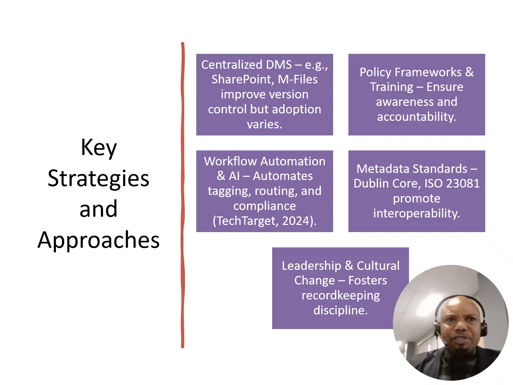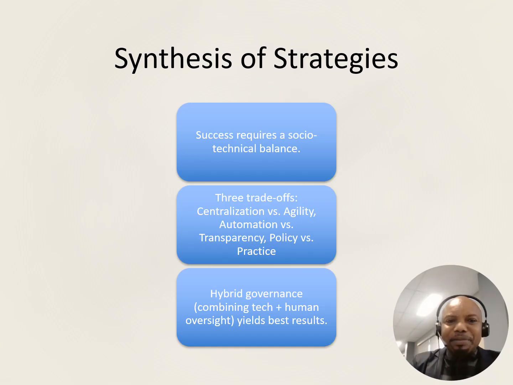And of course, regular training and workflow automation help ensure compliance and consistency. Also, AI is being used to support metadata tagging, content search, and risk detection. However, all these tools are effective only when supported by strong leadership and a culture that values record integrity. If that is not there, then we might not be going anywhere.